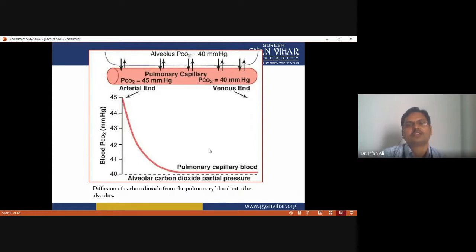The alveolus partial pressure of carbon dioxide is 40 mmHg. That is why carbon dioxide diffuses from the high partial pressure of carbon dioxide to the low partial pressure of carbon dioxide.